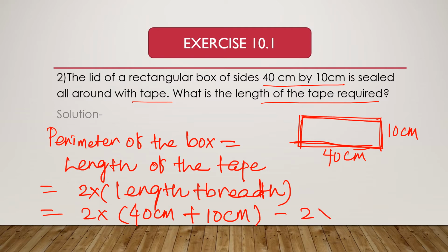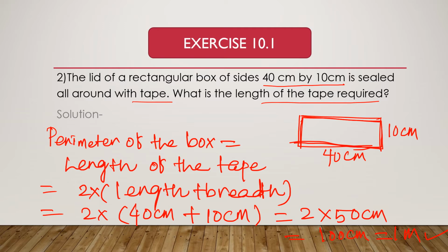So it will be 2 multiplied with 10 plus 40, that is 50 centimeter, and 2 multiplied with 50 centimeter is 100 centimeter or 1 meter. We know 1 meter is 100 centimeter. So the length of the tape required to seal the rectangular box is 100 centimeter or 1 meter.